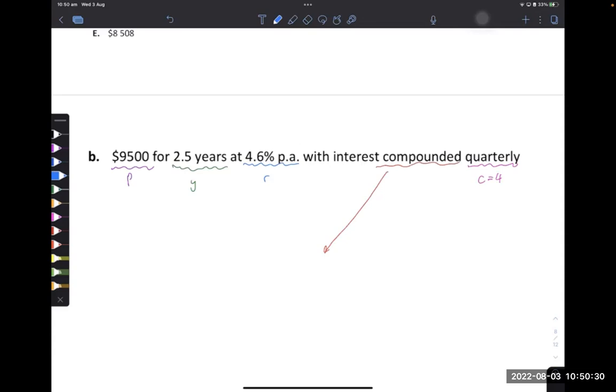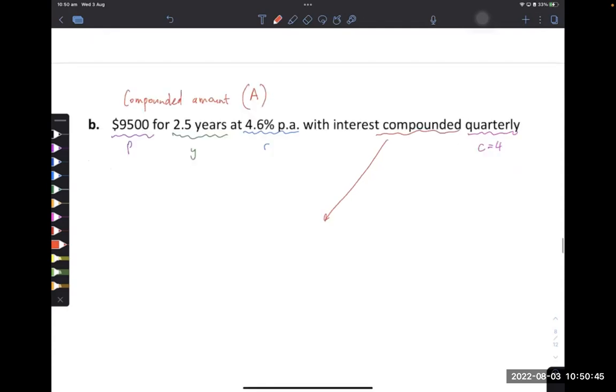So we wanted to find the compounded amount. What's the compounded amount? What letter? A, okay. So start with a formula. To the power of n.